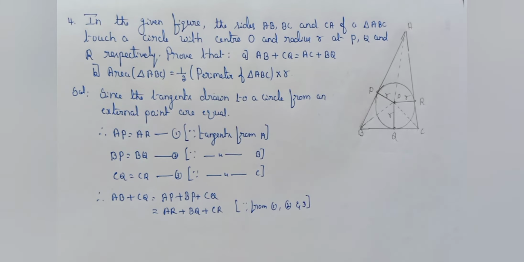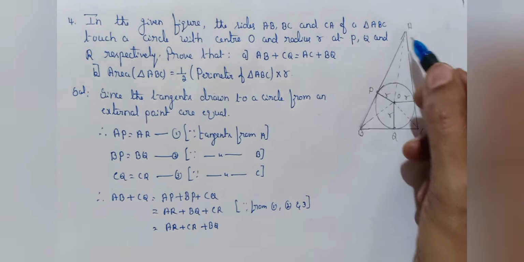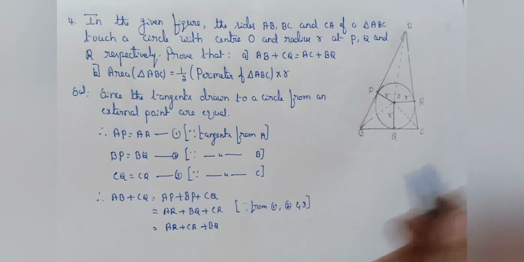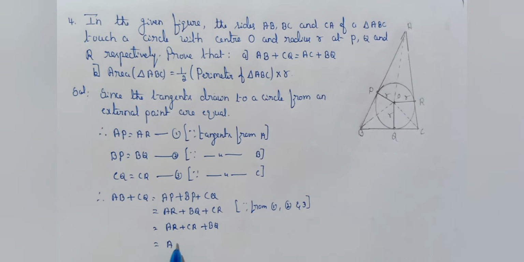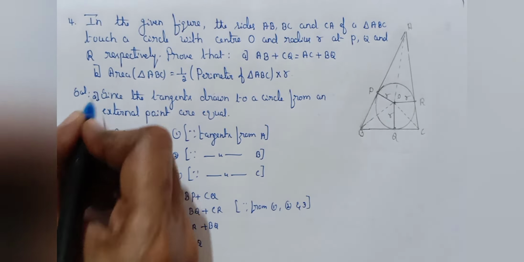Next, rearrange the terms. AR plus CR plus BQ. AR plus CR is AC. AC plus BQ. Therefore, AB plus CQ is equal to AC plus BQ. So, this is the first one.